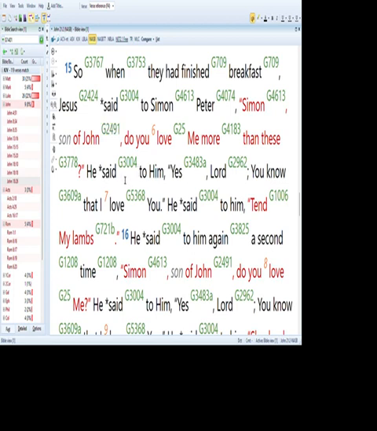Well, that's a heavy-duty theological issue, because you know that John means Yahweh is gracious, and this was the shift from law to grace. This was the last gospel written, and it's heavy on grace. It starts out in John 1 that Moses gave us the law, and grace and truth came by Jesus Christ.